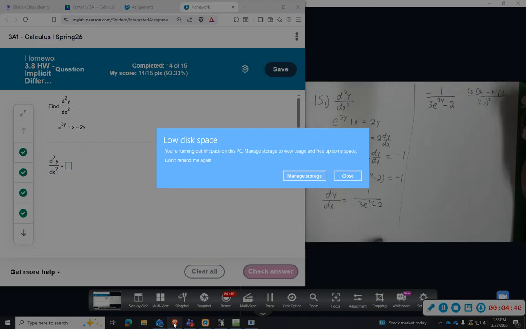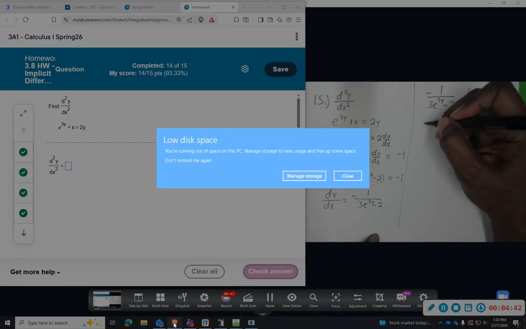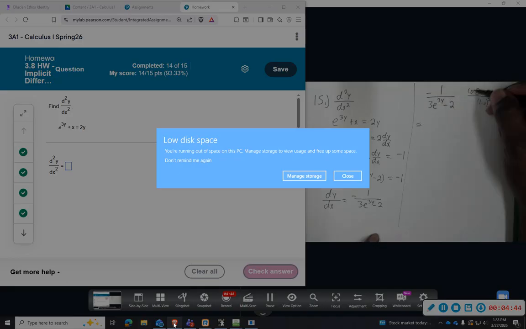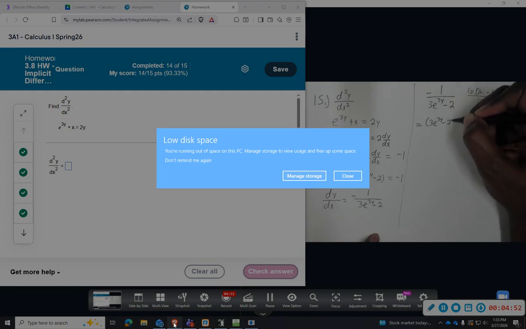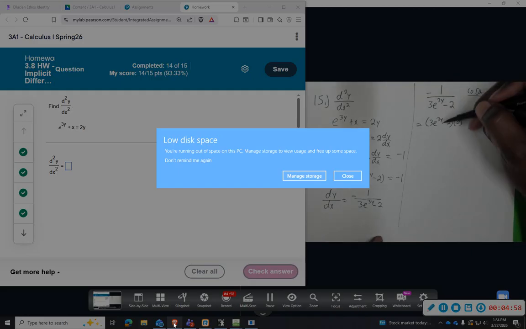And so that will be equal to low, which is this part, 3e to the 3y minus 2, that's low. Derivative of the top is a constant, so it's going to be times 0. So this whole term is going to zero out.